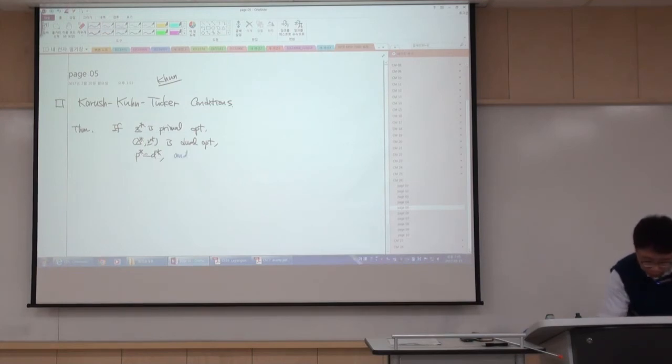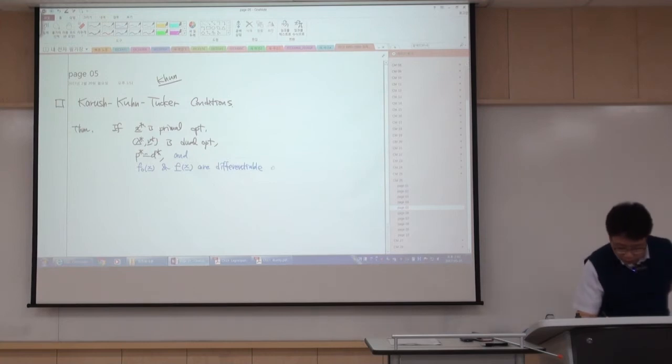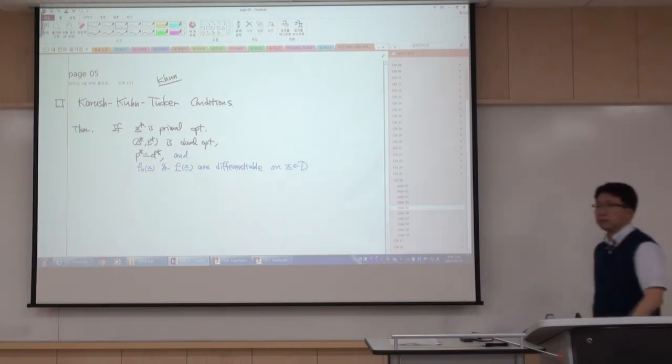f0 and f sub i are differentiable. Of course, on D, the domain of the functions. Got it?